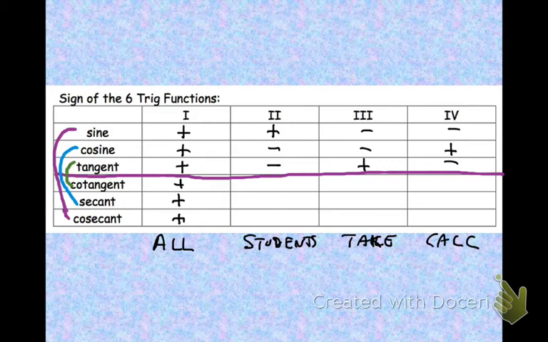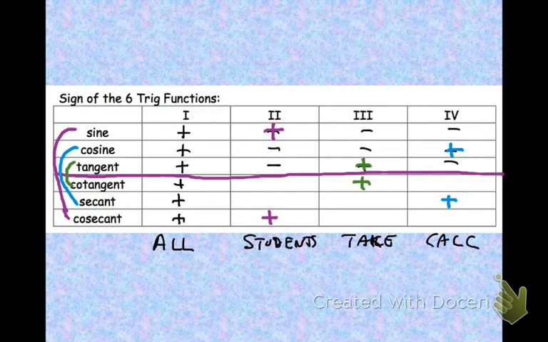So you can follow that same pattern. If you have a positive for sine, it's going to be a positive for cosecant. If you have a positive for cosine, it's going to be a positive for secant. And if you have a positive for tangent, it's going to be a positive for cotangent. And then you should be able to fill in the rest of your negatives there.